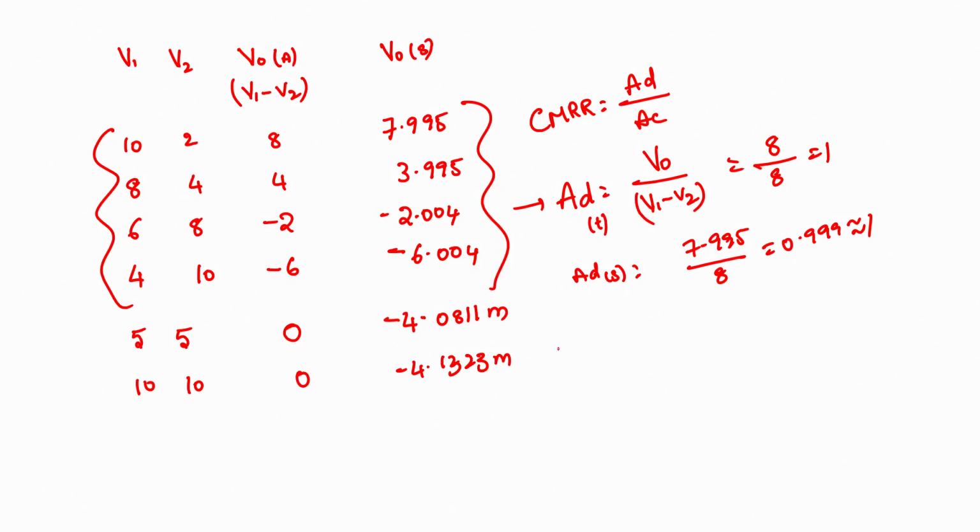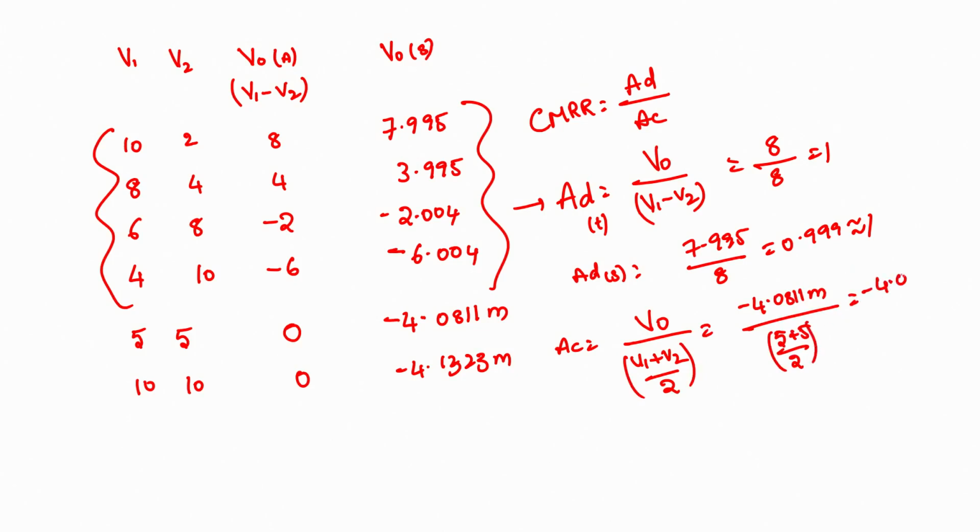Now, what about AC? Theoretically it should be 0, but practically, when I see in simulation, the value is minus 4.0811 milli. So, how do we calculate? First let me write the formula: output voltage divided by common mode signal, V1 plus V2 by 2. So, what is V0? Minus 4.0811 milli divided by 5 plus 5 by 2, which is nothing but 10 by 2, again this is 5. So, minus 4.081 milli divided by 5.